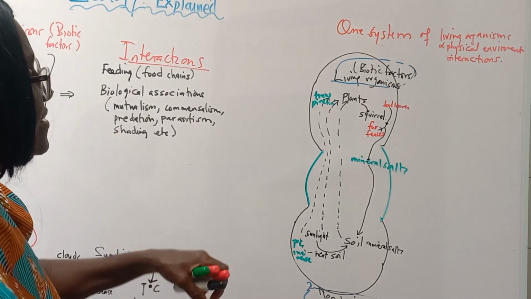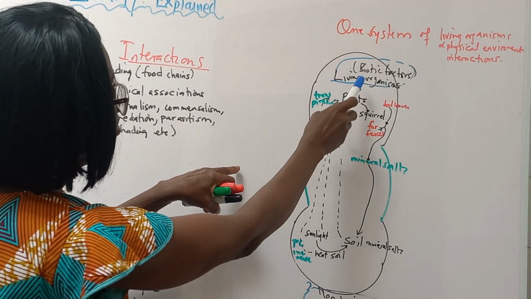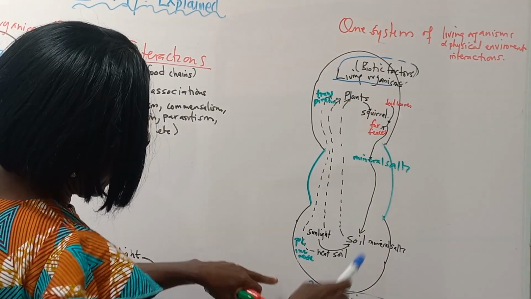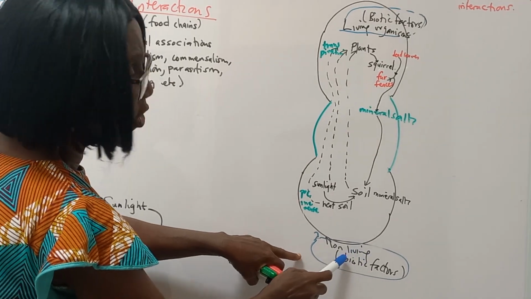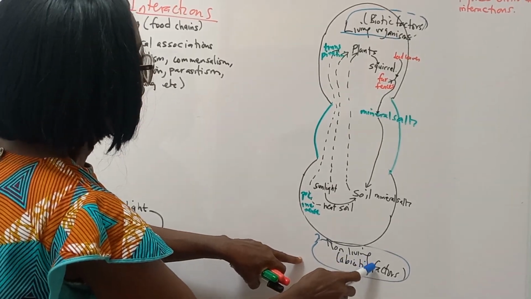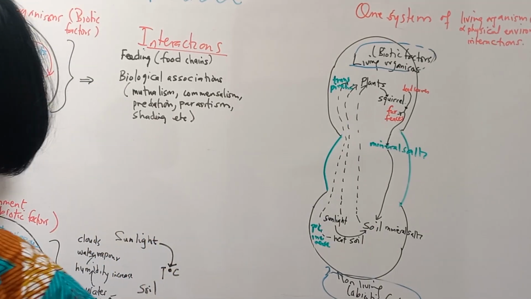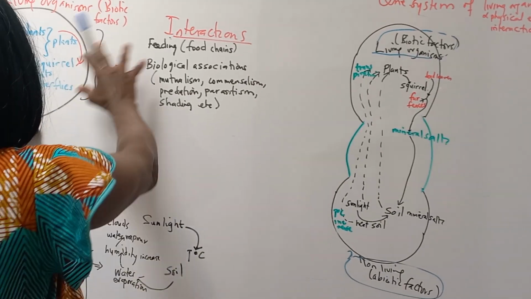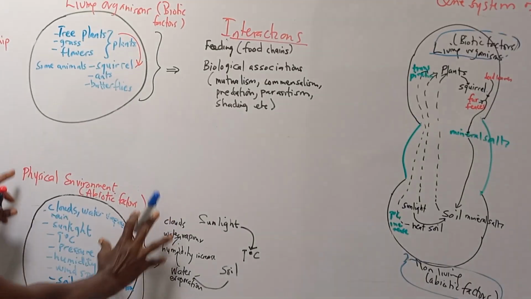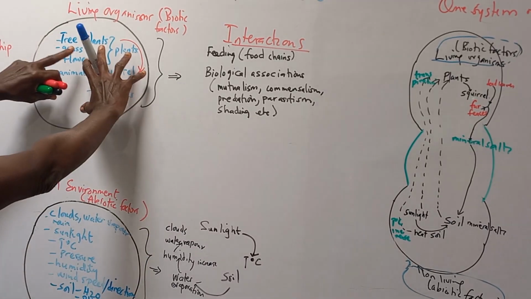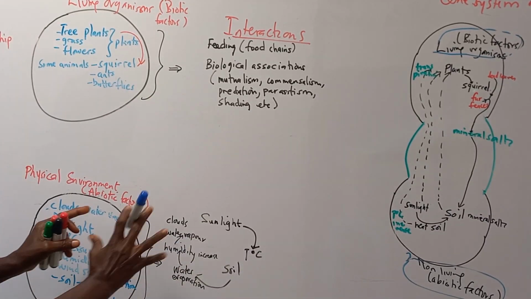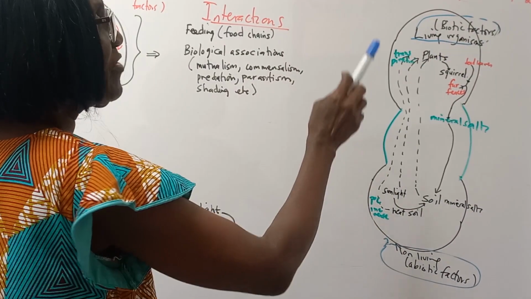Ecology is the study of the relationship between living organisms and the non-living things or physical environment. The relationship is an interaction between living organisms, as we have seen, interaction between the abiotic factors, and interactions between the two neatly to form a unit.